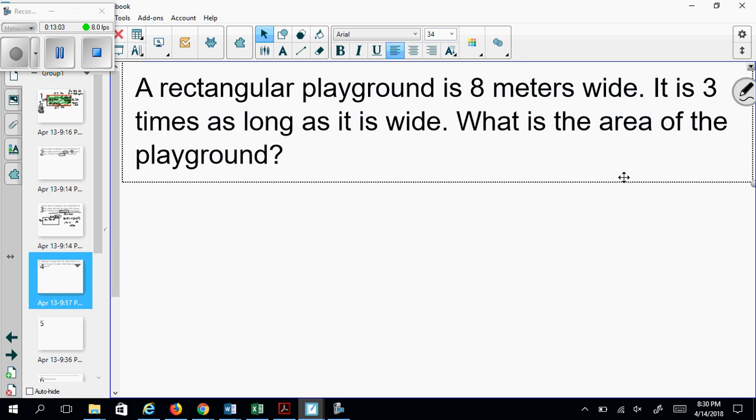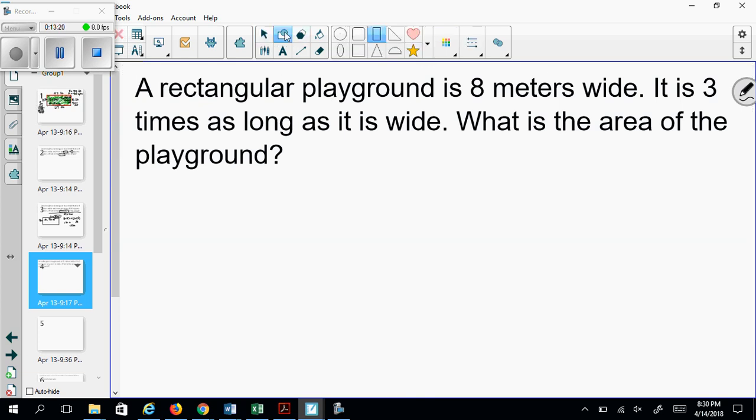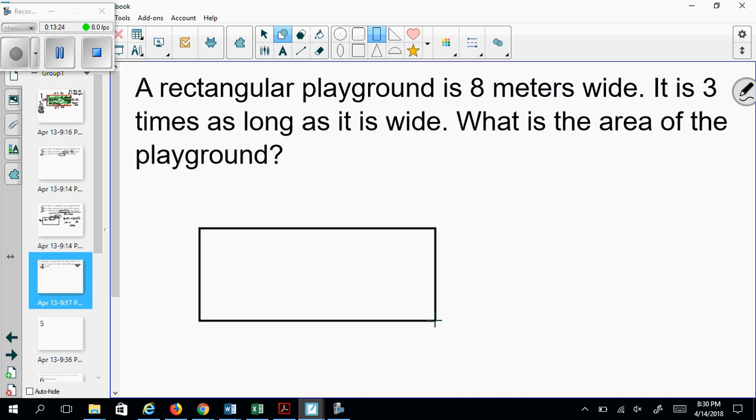And it says it is 3 times as long as it is wide. It's 8 meters wide. So if it's 3 times as long as that, we're going to be doing 3 times 8. Now let me do another rectangle so that we can see that nice and clearly. Okay.